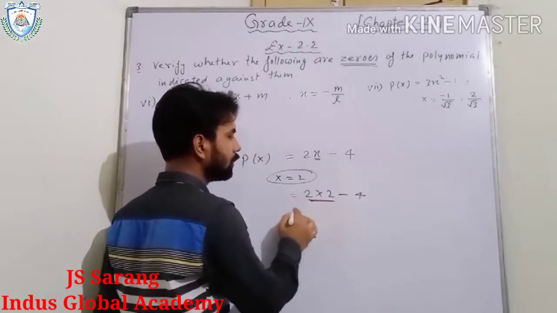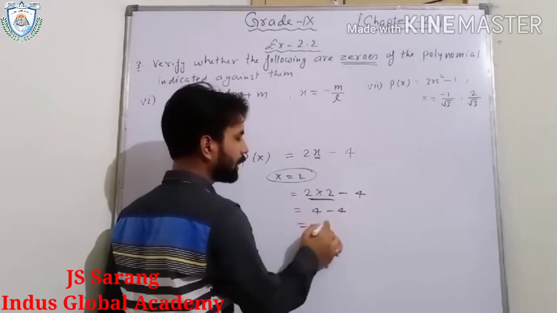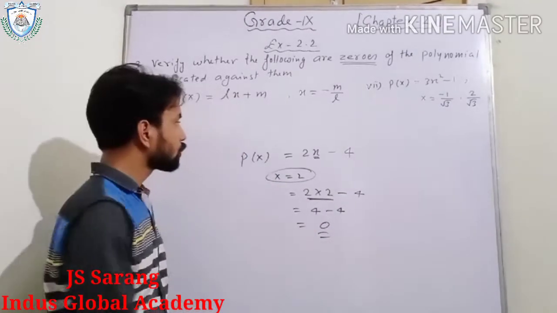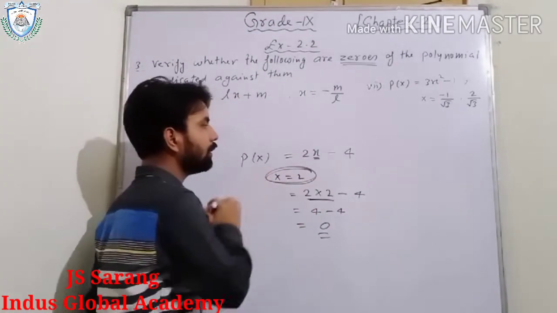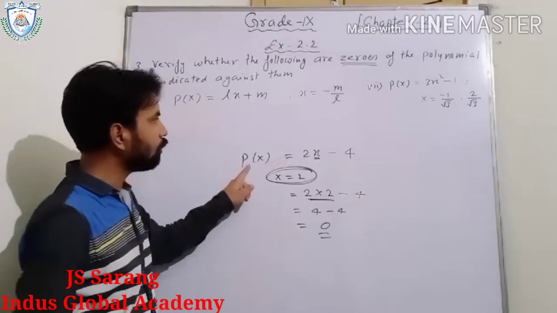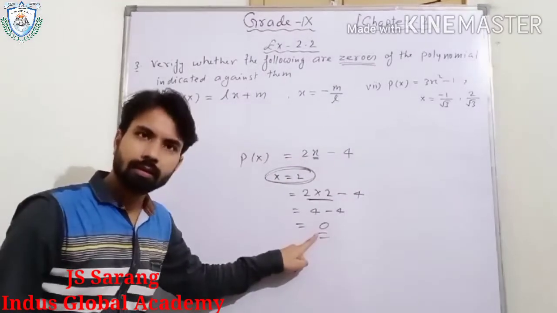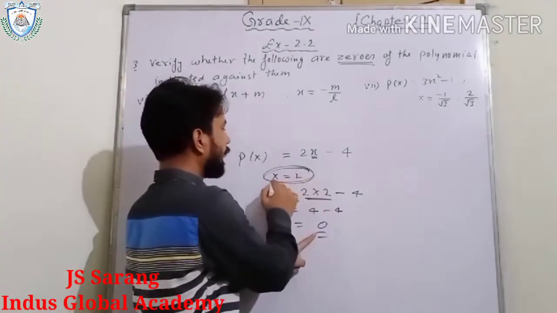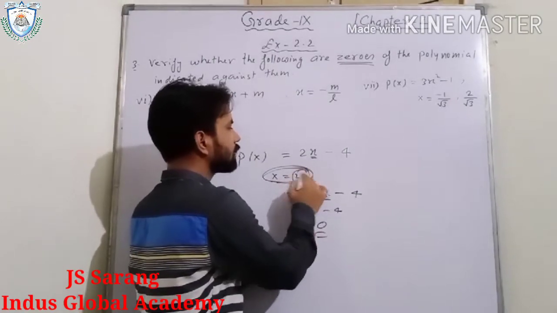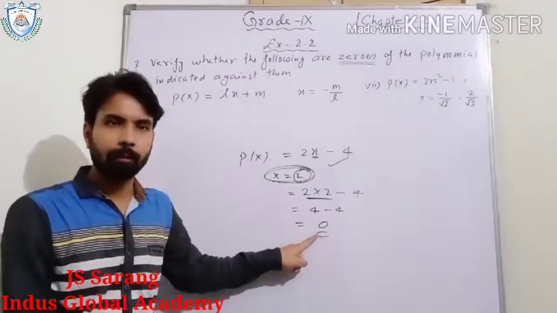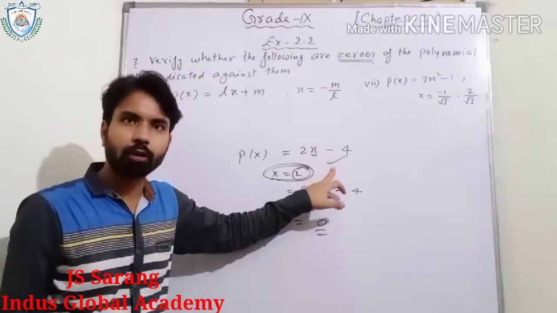So 4 minus 4 gives you 0. So this is the value of the variable for which the value of the given polynomial is 0. So we can say that x equal to 2 means 2 is the zero of this polynomial.